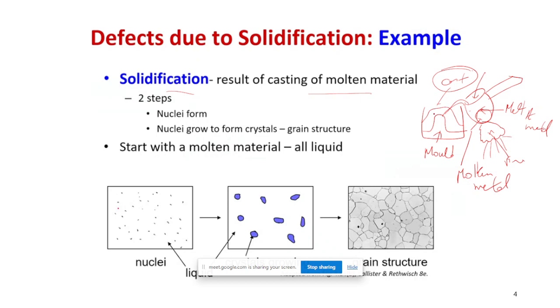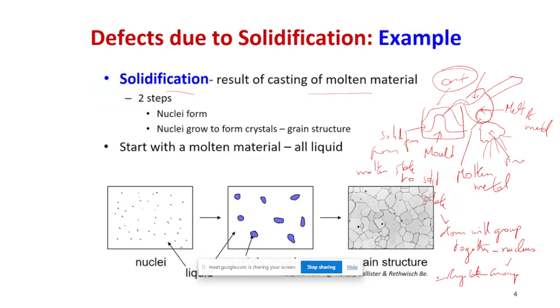So when we cast it, right, when this metal solidifies from molten state to solid state, it will result in the formation of, first, atoms will group together, and when they group together they form nucleus, and when these nucleus group together they form crystals.